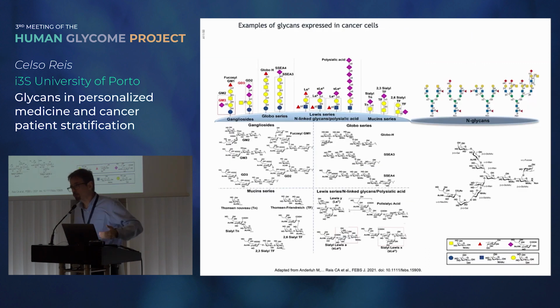So when we go to the cancer level, many of these alterations are present, and several of them are very well documented. And of course, cancer cells do not invent things. They use what is advantageous and possible to do in biological terms.